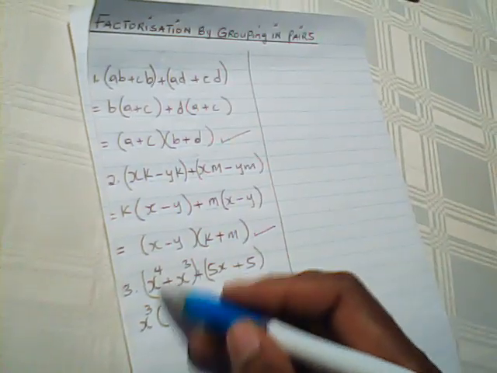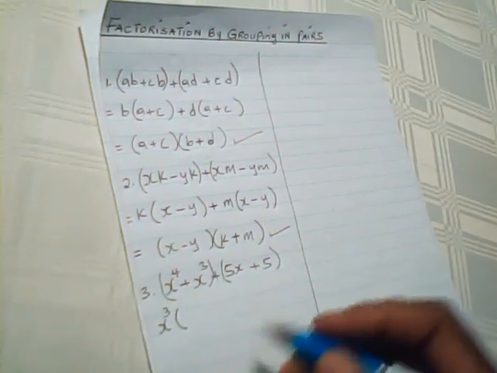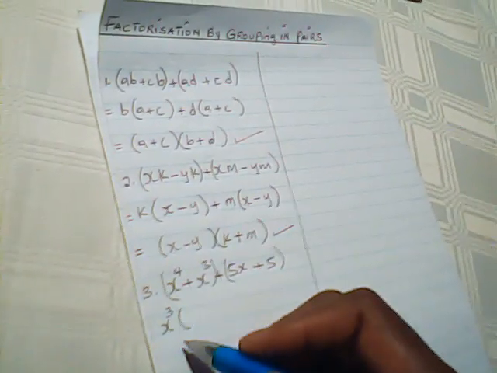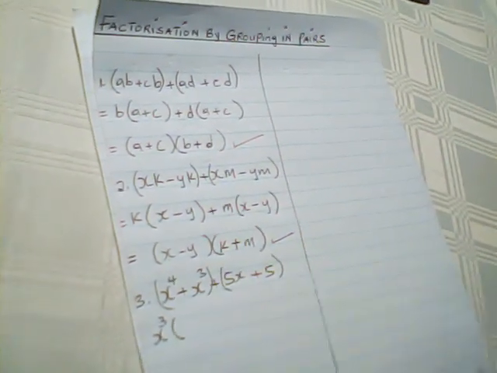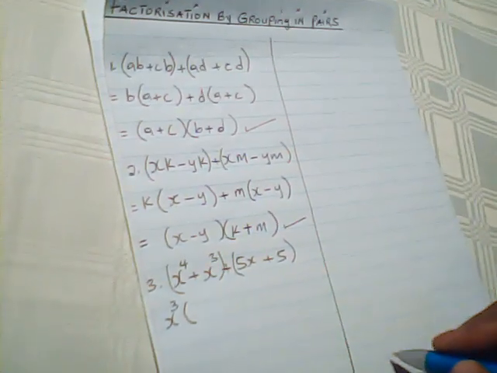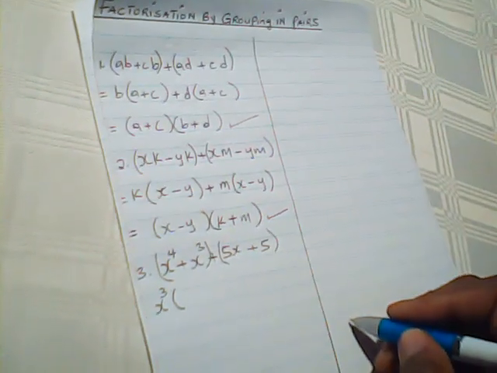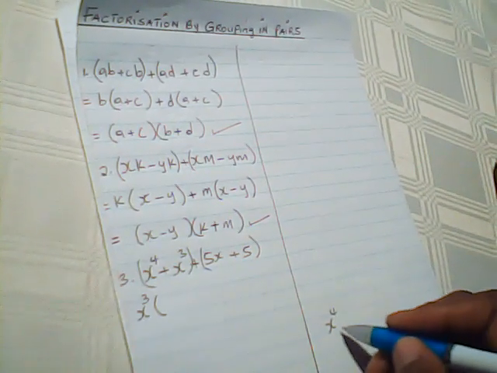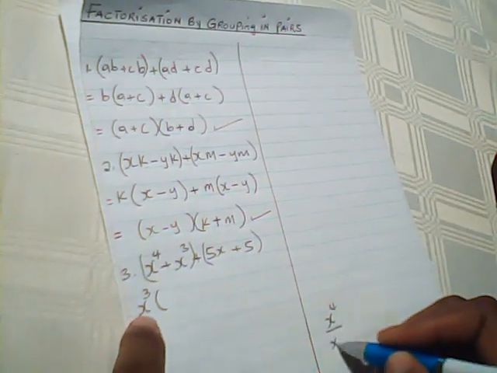For you to find the answer here, because I can see many students get confused here. You just say, okay, you take this x raised to 4 divided by x raised to 3.